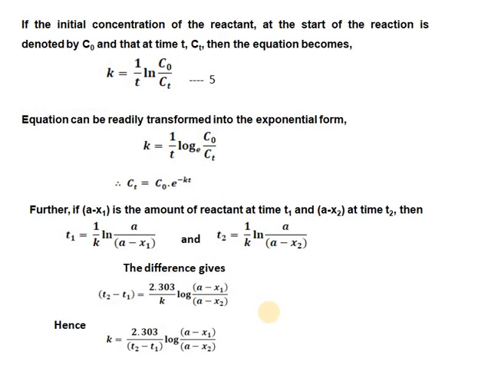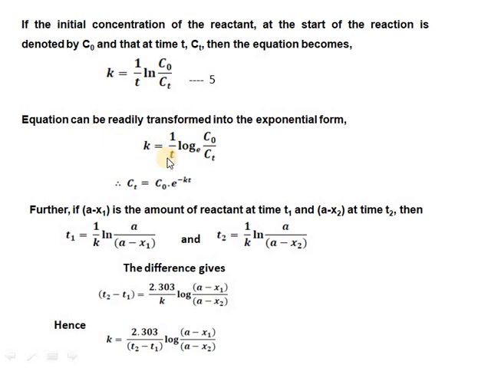Now, if the initial concentration of the reactant at the start of the reaction is denoted by C0, and that at time t by Ct, then the equation becomes k equal to 1 upon t into ln C0 by Ct, equation 5.